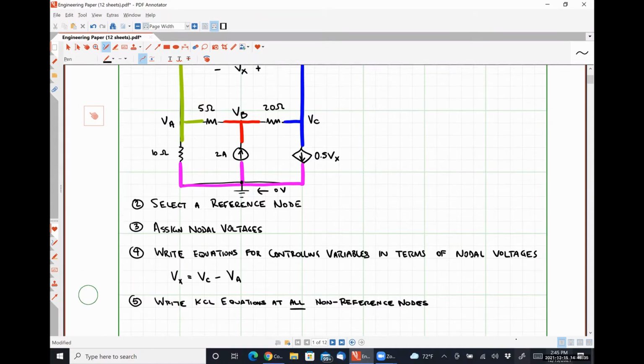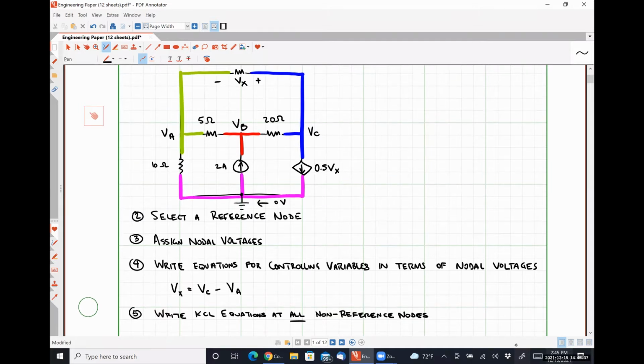For this particular circuit, I have 3 nodes that aren't my reference: node A, node B, and node C. I'm going to write a KCL equation at each of those nodes, adopting the convention that all of the currents that are leaving the node are positive.